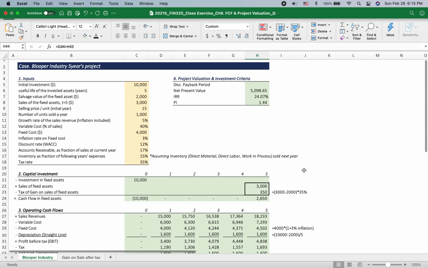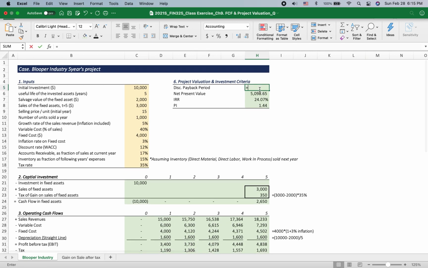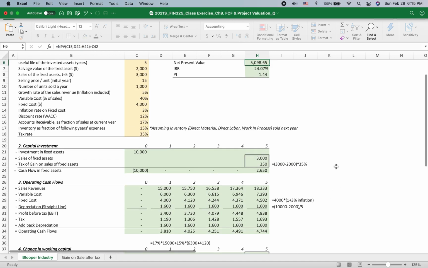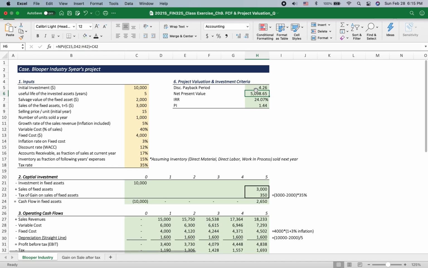So how do you get this number of periods? At least 4 years required, plus the certain portion of the year 5 present value of projected cash flows that is needed. So we got 4.26 as the discounted payback period.